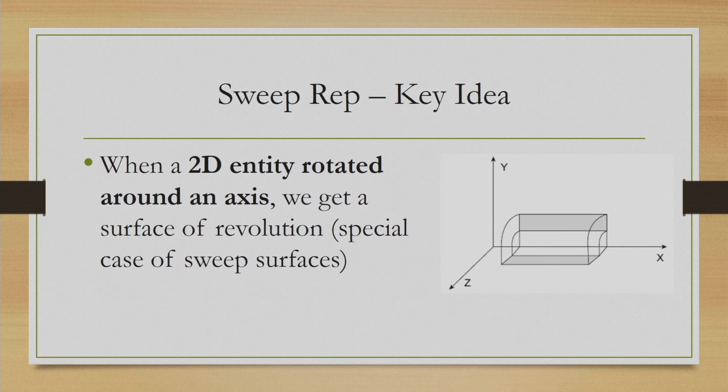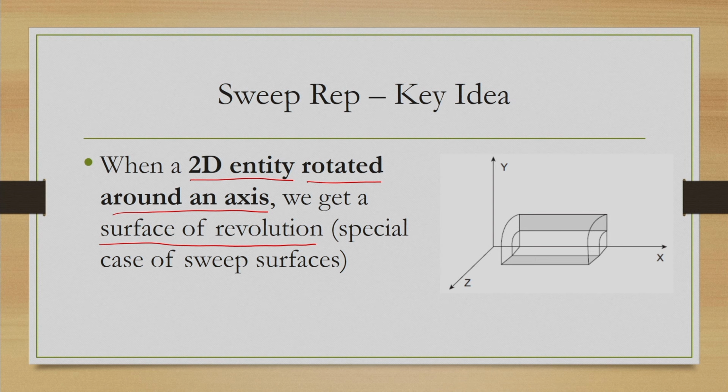In a similar way, there is another representation called surface of revolution. As the name suggests, here what we do? We define a 2D entity which rotates around an axis. We also specify the axis. So, then the resulting object is what we are interested in.